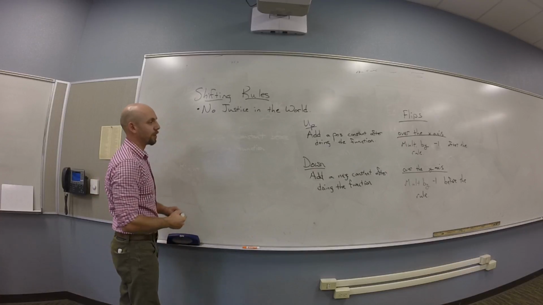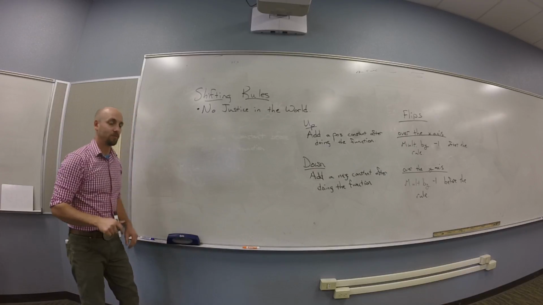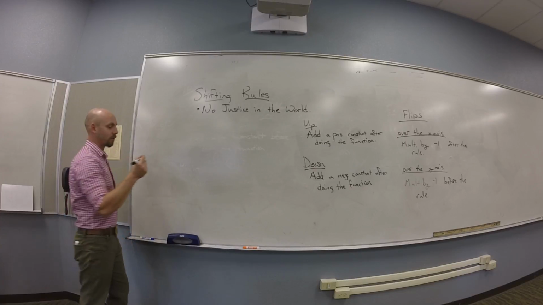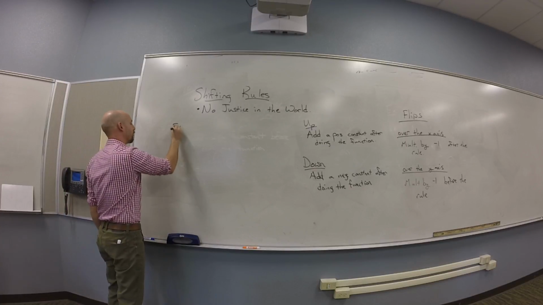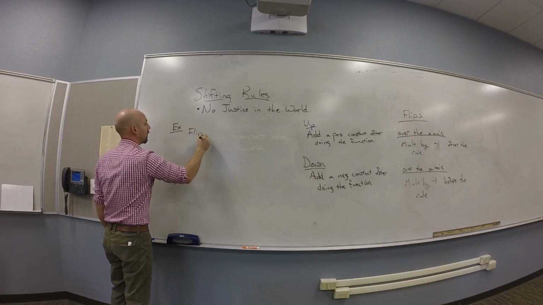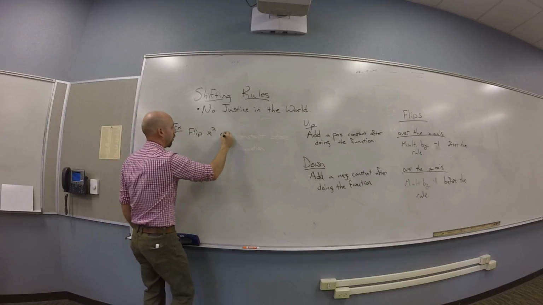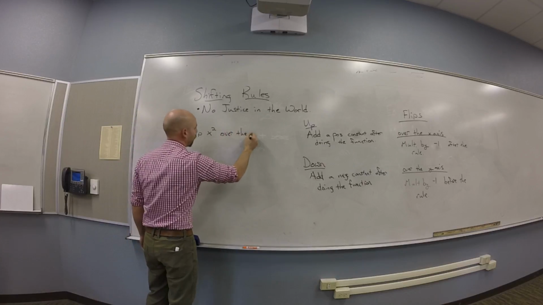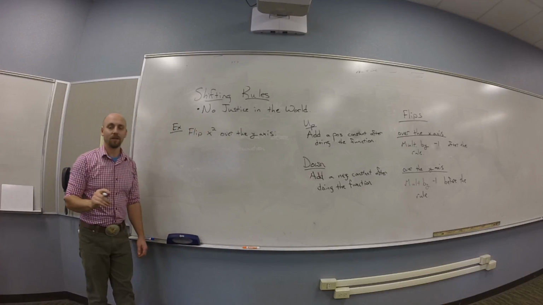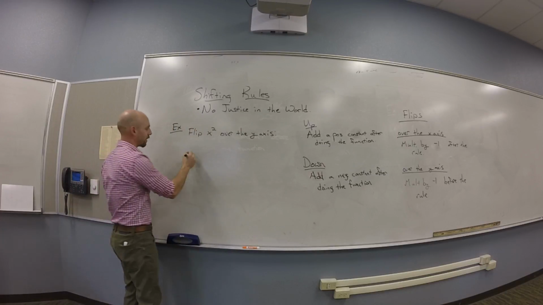There are special words about flips. Well, there are special functions that aren't affected by flips. How about that? So what if I did an example where I said, okay, flip x squared over the y-axis. Oh, that's silly. It would be the same thing, right?